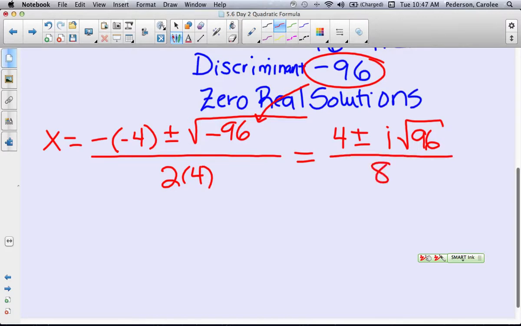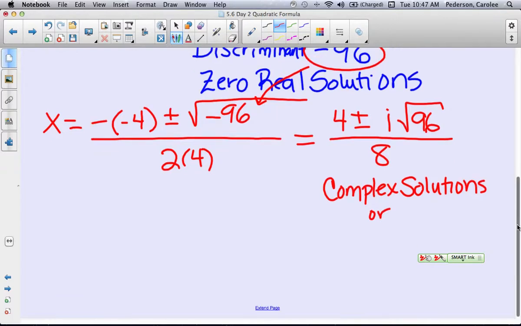And those are your 2 solutions, or imaginary solutions, which we call complex solutions, or complex zeros. These will not be x-intercepts on our graph.